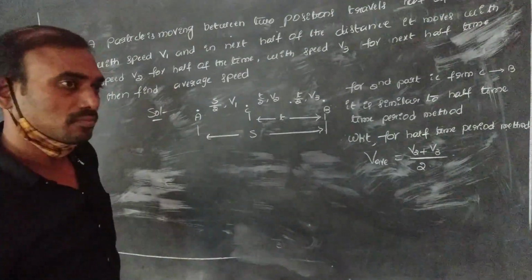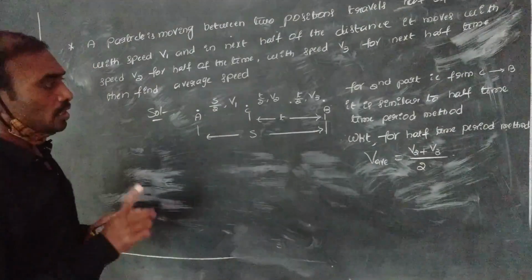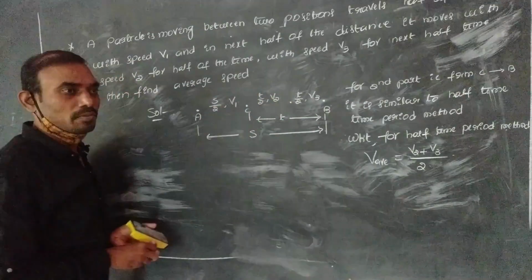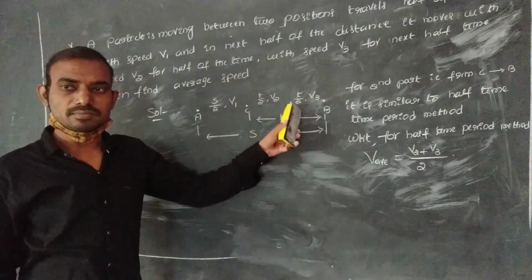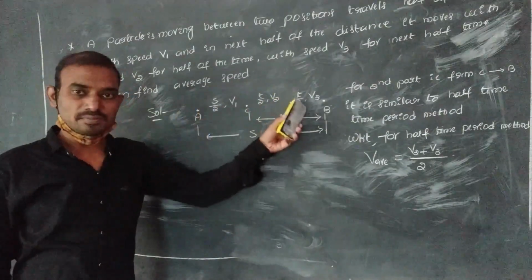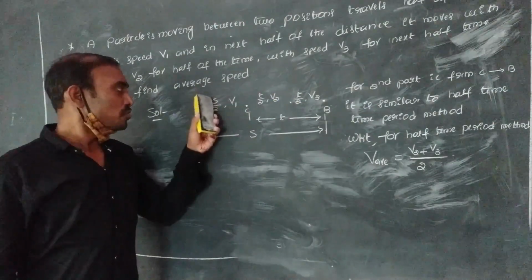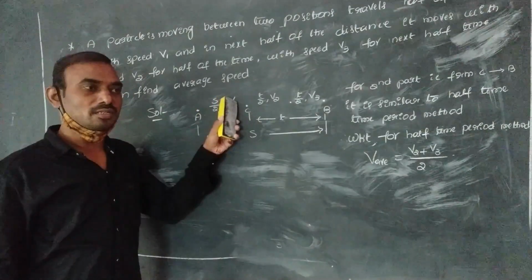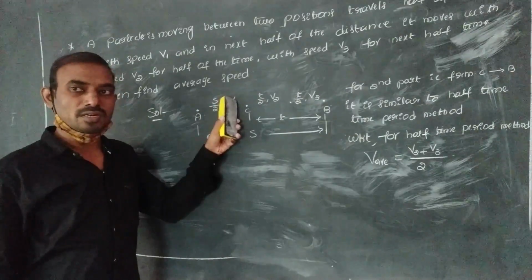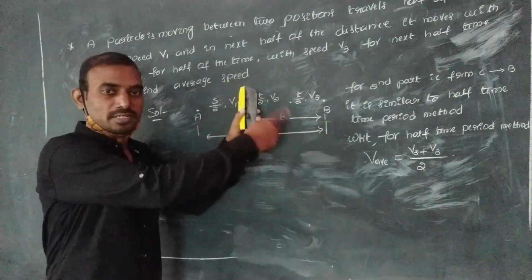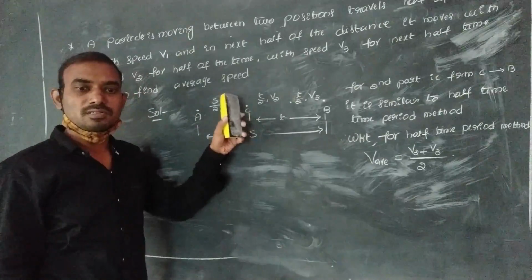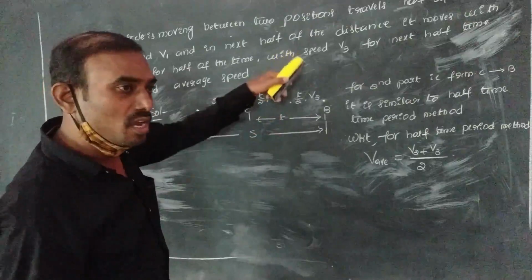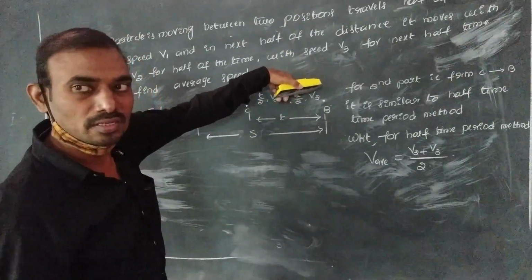Once again I am repeating. Actually the body is traveling between two positions A and B. While moving from A to B, half of the distance moves with the speed V1. In the remaining half distance, half time period moves with the speed V2, and the remaining half time period moves with the speed V3.